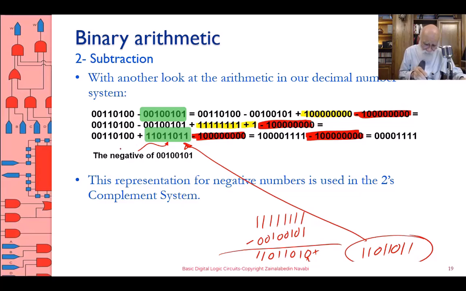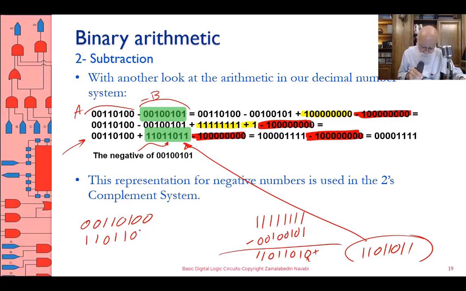This is my number A, and I'm performing A minus B. But on this line here, A is A, I'm not touching A: 0 0 1 1 0 1 0 0. And then I have 1 1 0 1 1 0 1 1.